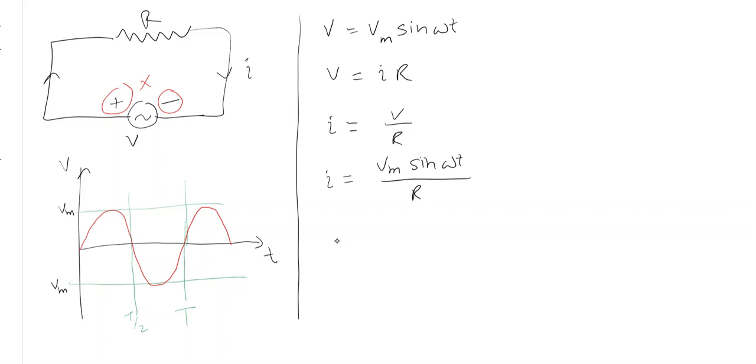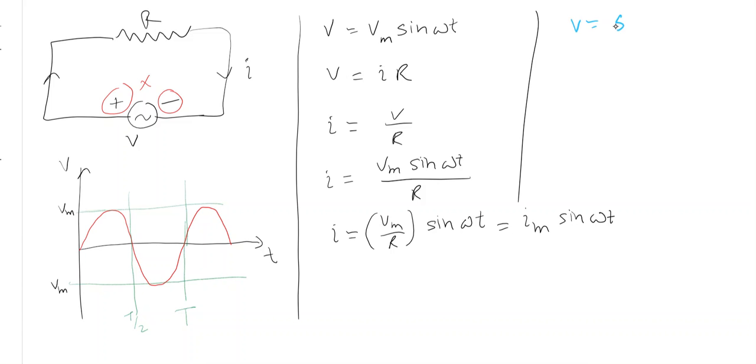You can write it as I is equal to Vm by R into sine omega t. Now, as Vm and R both are constant, you can replace the two constants with a single one, and then it is Im sine omega t. So, suppose V is 5 sine omega t and the resistance in your circuit is say 2 ohm, then Im becomes 5 by 2.